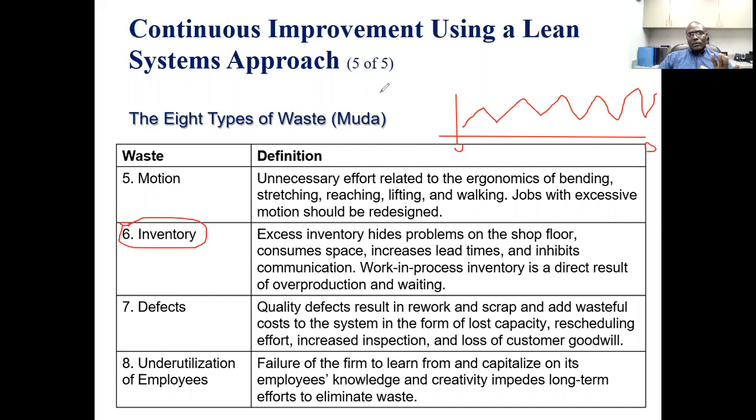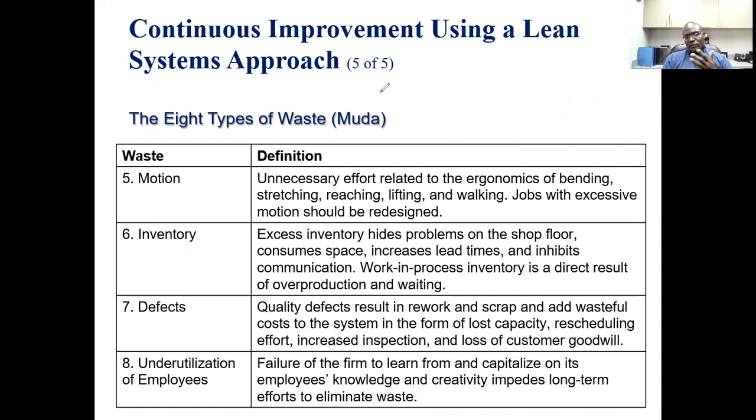Now, waste form 7, which is defects, is a very significant form of wastage. Defects are basically anything in the product that might result in the product being rejected by the customer. Defects are usually based on quality and what customers are willing to pay for.